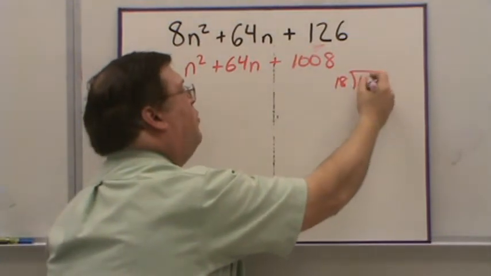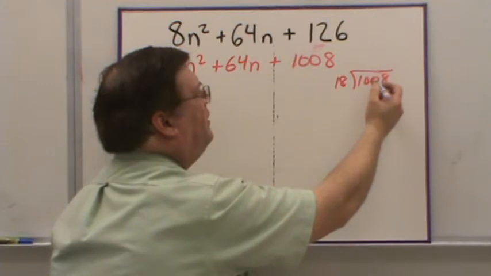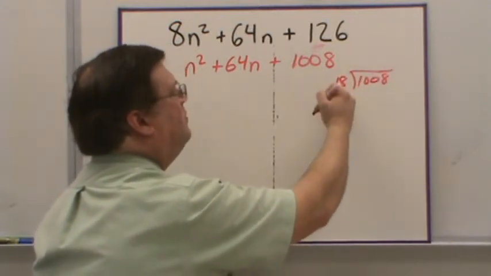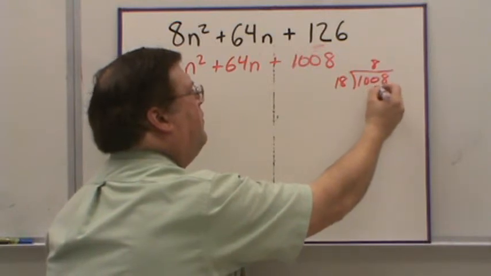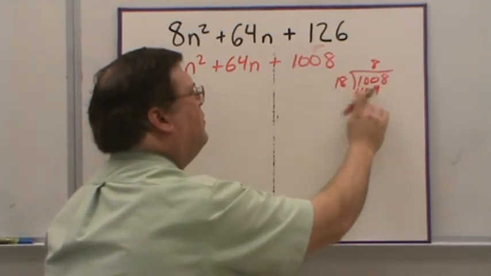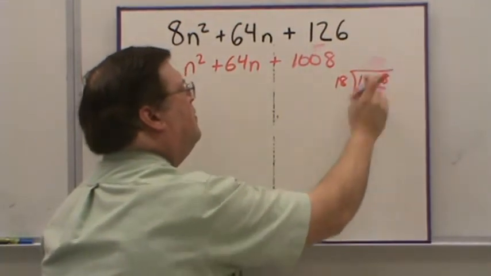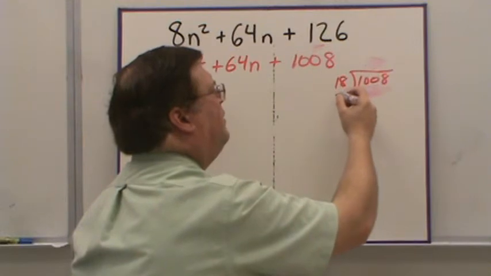18 goes into 1008. I go 18 into 100. That's going to give me not 9, but I guess 8 times. No, that's still too high. 8 times 8 is 64. 8 times 10 is 80.